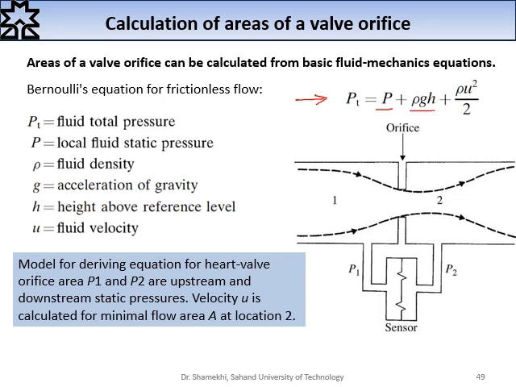The second part of this equation is the potential related pressure, and the third term at the right side of this equation is related to the kinetic part of the pressure. In this equation, rho is the fluid density, g is acceleration of gravity, h is height above reference level, and u is the fluid velocity.